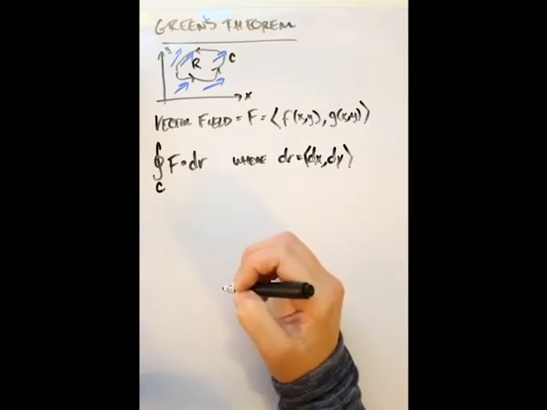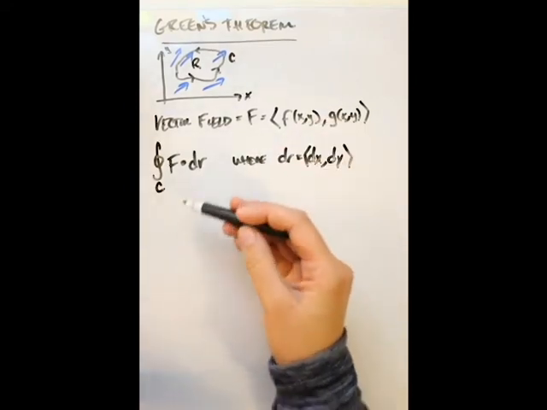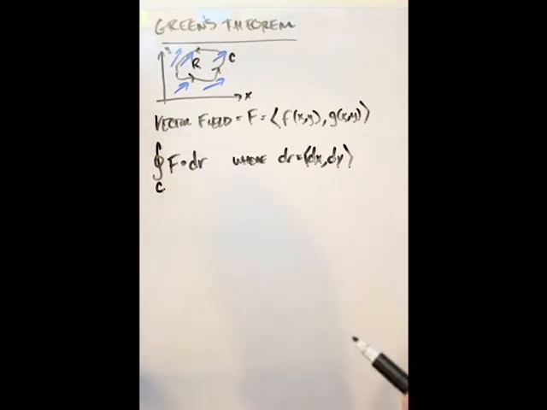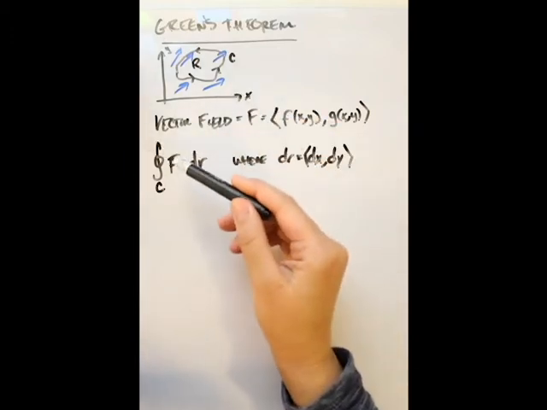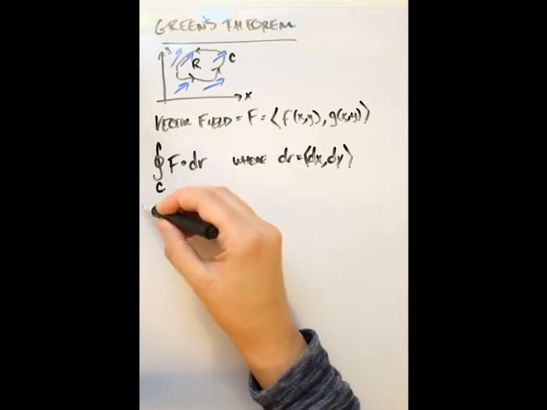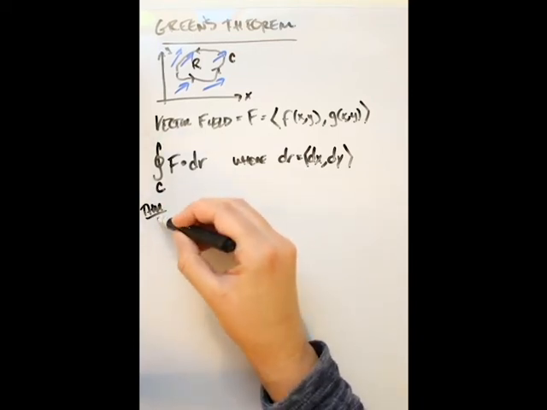Basically, what Green's theorem does is it takes this line integral of the vector field and relates it to a double integral over the region R. This is the theorem.